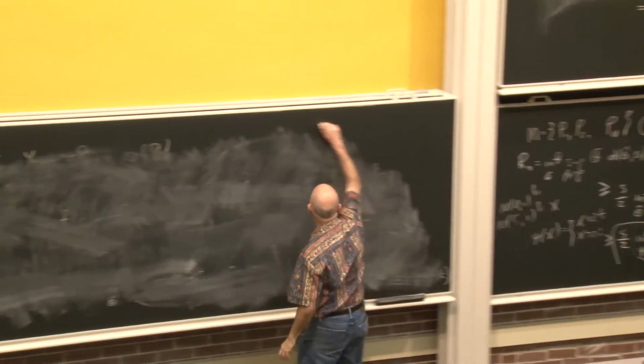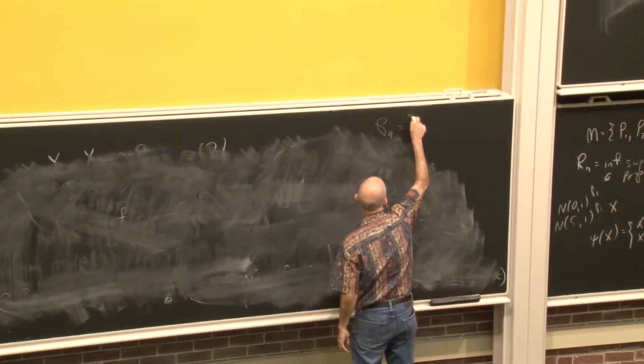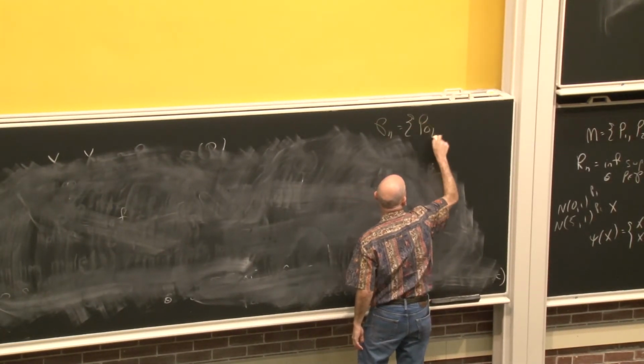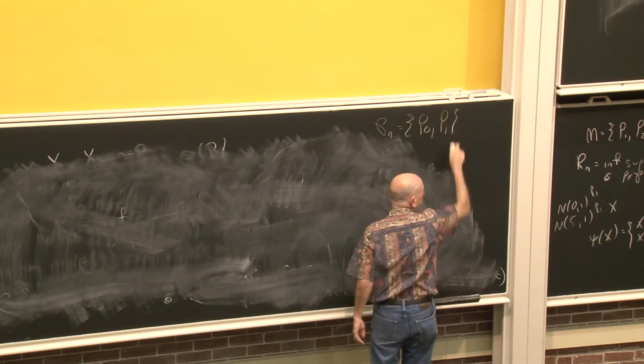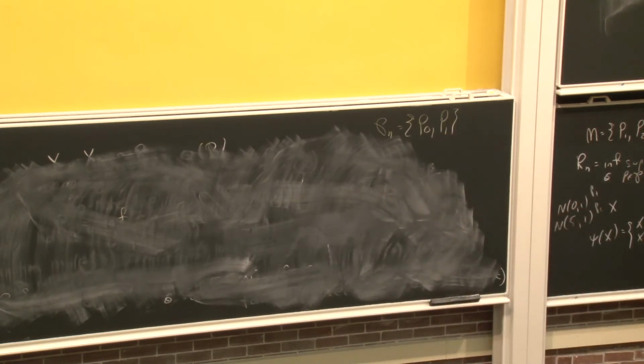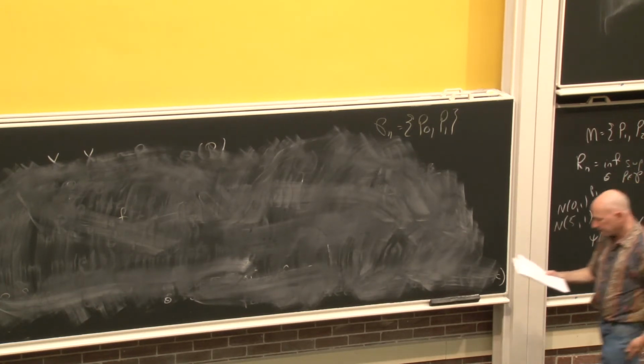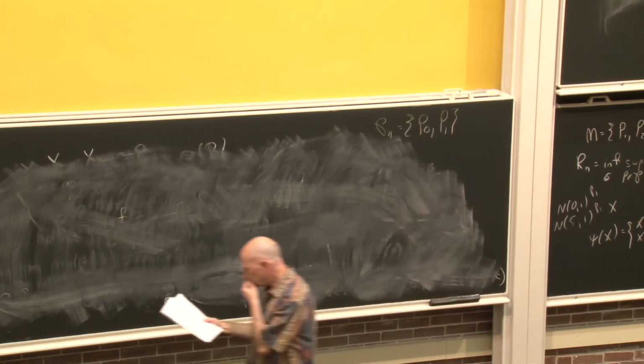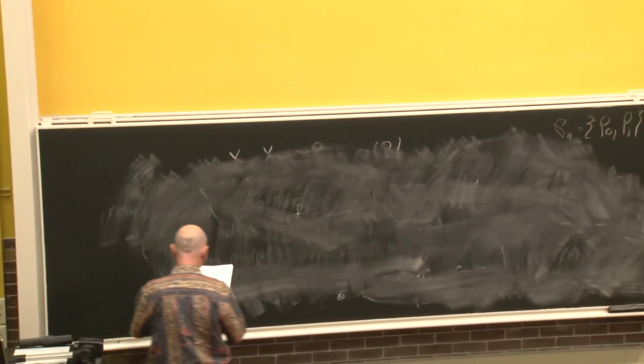I'm going to do the simplest one we can think of, which is to only take two guys, P0 and P1. For many problems, that actually suffices.